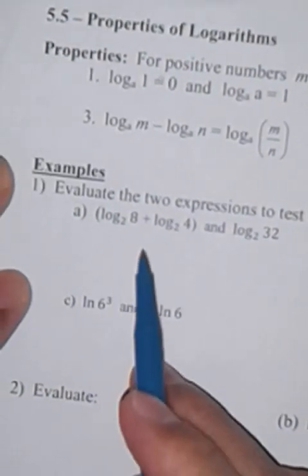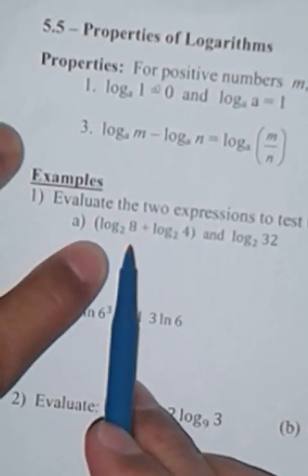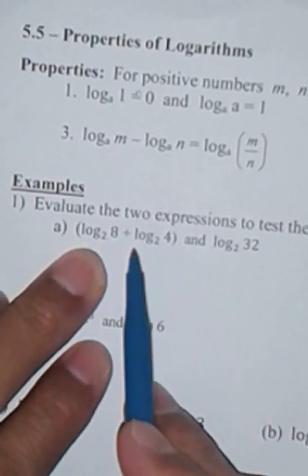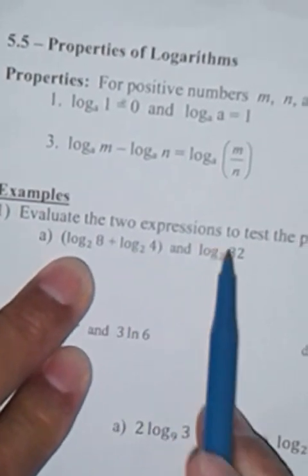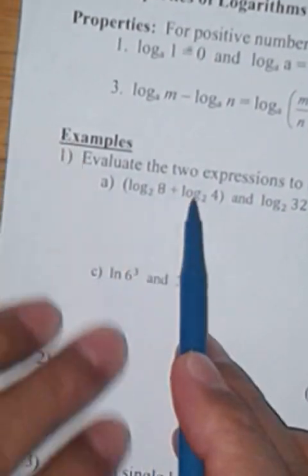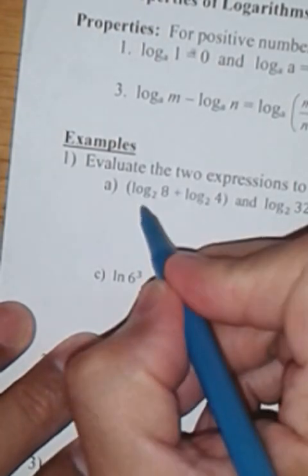All right, let's test our rules up here. So number 1, let's do a. And what are we testing with a? Well, we're testing that when we add two logs, you can write it as a single log, right? Which is this one up here. Yeah. So let's test the logs that we're adding. So log base 2 of 8 asks 2 to what power is 8, and that's 3.